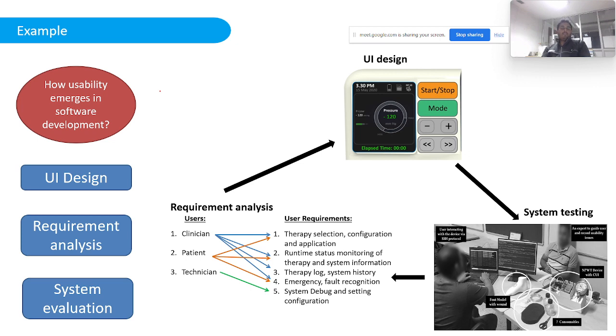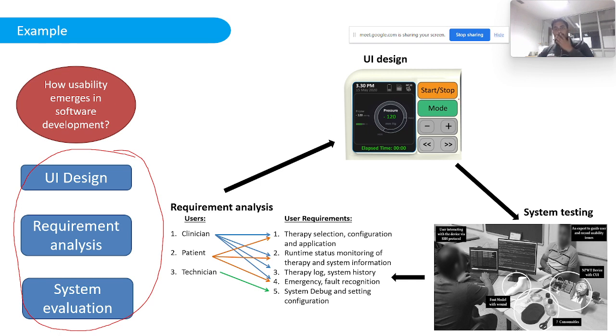Okay, so here's an example. Okay, what do I mean by combination of these three aspects? For example, when you want to develop a medical product. Okay, suppose you want to develop a medical product.